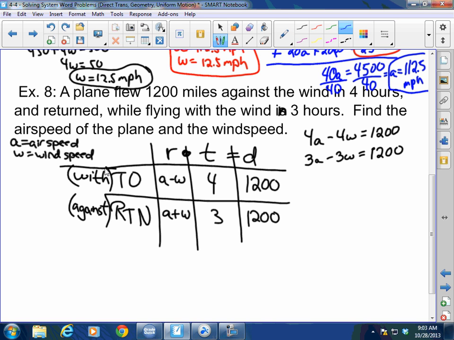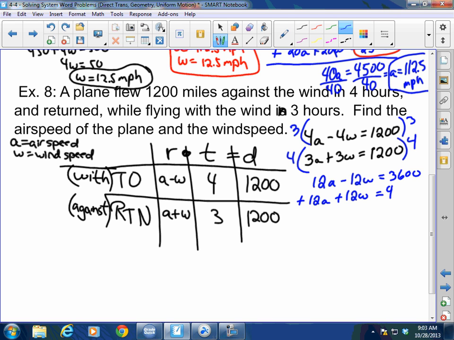System of equations, I'm going to solve by multiplying the top by 3, remember, to both sides, and the bottom by 4 to both sides. This is plus here because it's going with. So I've got 12A minus 12W equals 3,600 plus 12A plus 12W equals 4,800.